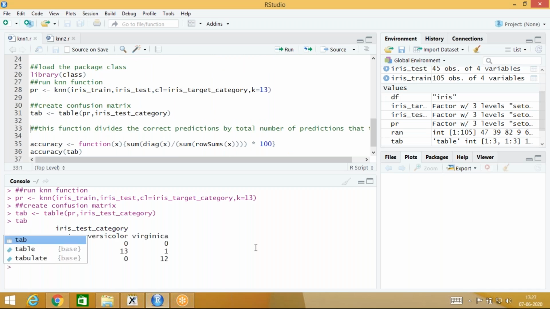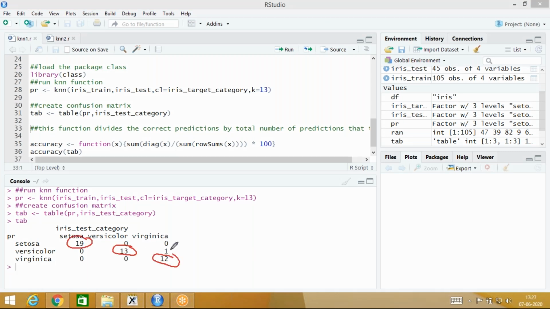And then I created the confusion matrix. So if I just run the confusion matrix, you see this is a 3-dimensional confusion matrix. That means not 3-dimensional, basically 3 classes. So these diagonal elements are my correct predictions. Only one misclassification. I am telling you, this is a sample data.